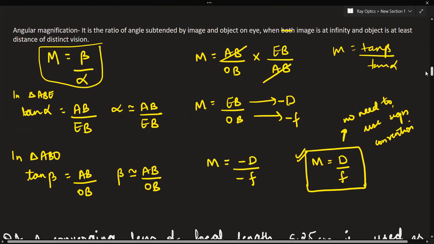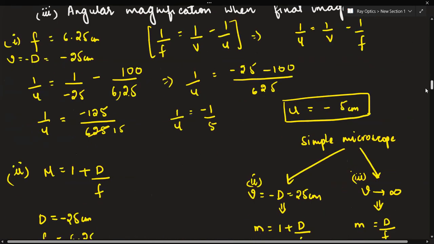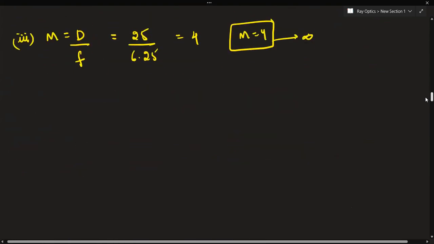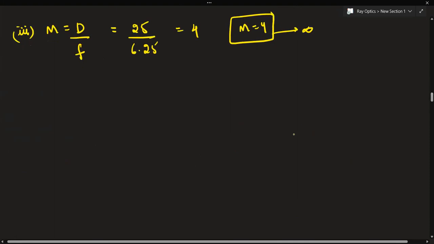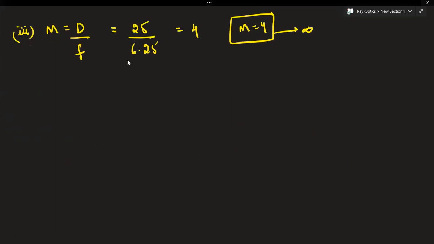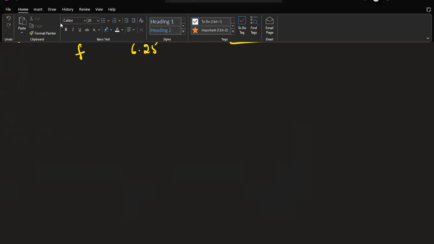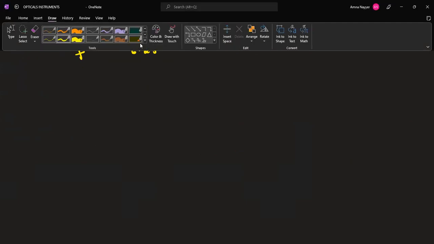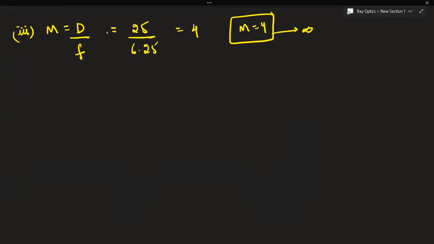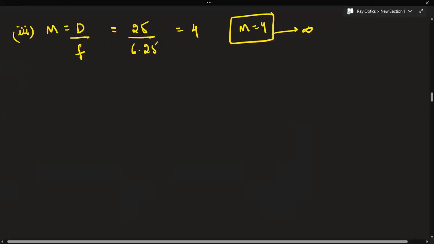Now see, then you have the cases, or let's discuss all the cases first and we'll do questions. Or let's do a question on this one. Let's do a question on simple microscope first. All of you try this question which I'm giving and send me the answers in the chat box.